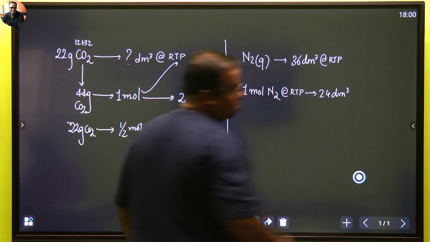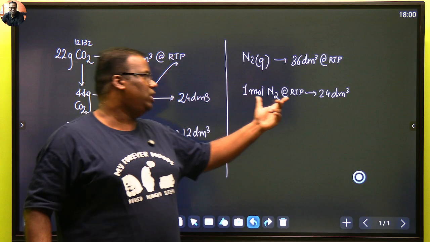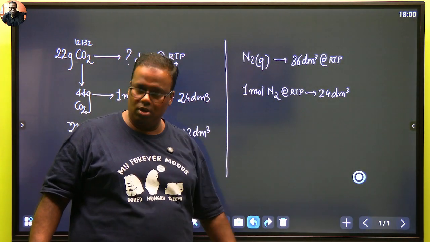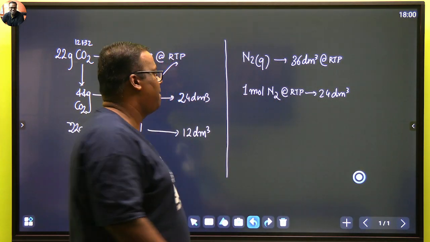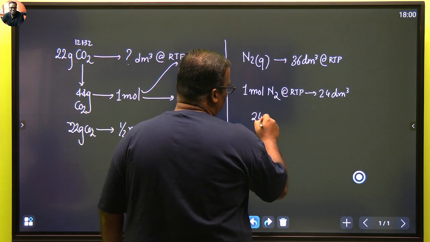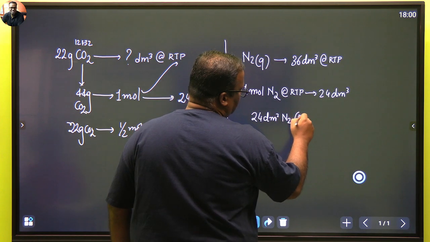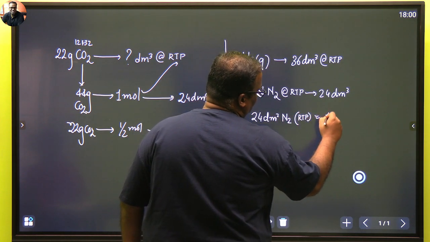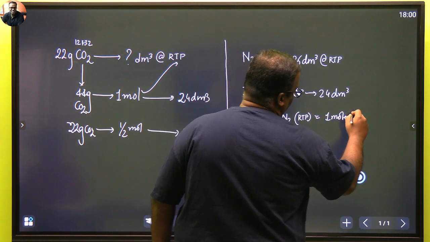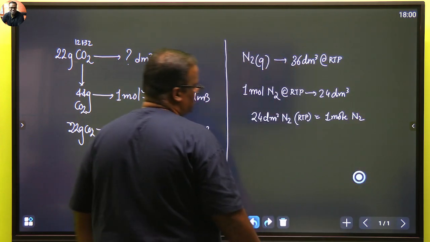Have you understood? उल्टा करो इसको. 24 dm cube corresponds to 1 mole. So 24 dm cube of nitrogen at RTP gives you 1 mole of nitrogen gas.